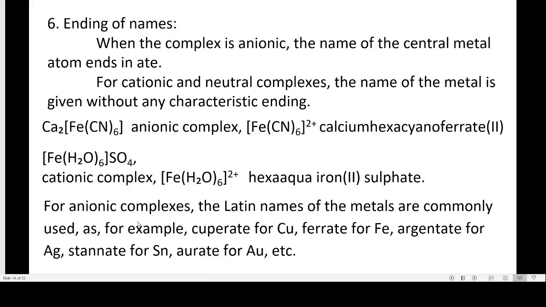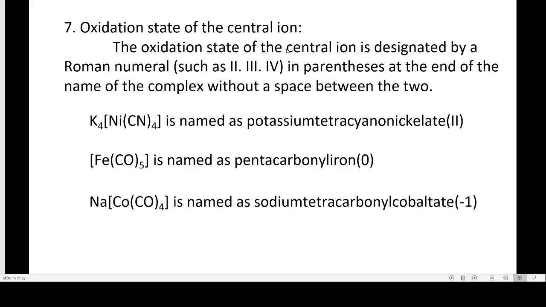As in the earlier case, we have written iron 2, ferrate 2, which indicates the oxidation state of the central metal atom. So the oxidation state of the central ion is designated by Roman numerals such as 2, 3, 4 in parentheses at the end of the name of the complex without any space between the two.